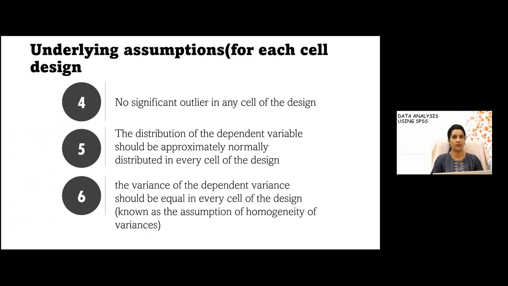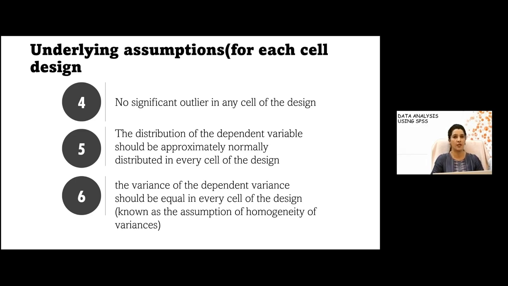And you know what we mean by outlier by this time: more than 1.5 on the box plot is the normal outlier, extreme is more than 3. Again, for the dependent variable, to see normality, we use the QQ plot and Shapiro-Wilk. There are others like kurtosis and skewness also, but generally we see either the QQ plot, and if the sample size is less than 50, we see the Shapiro-Wilk.